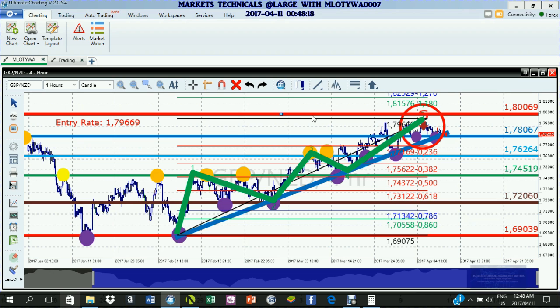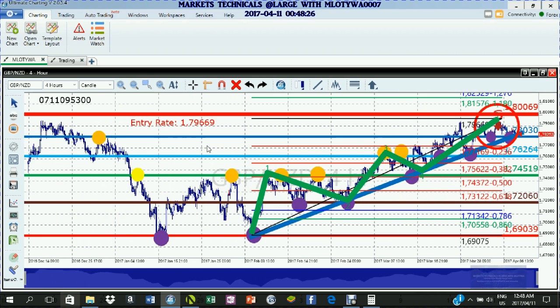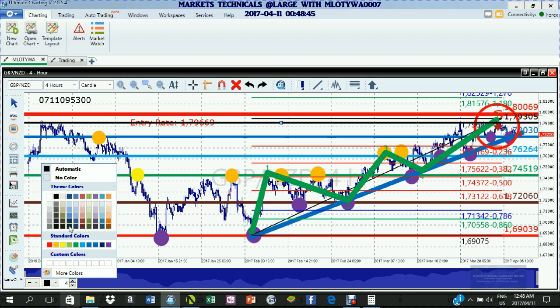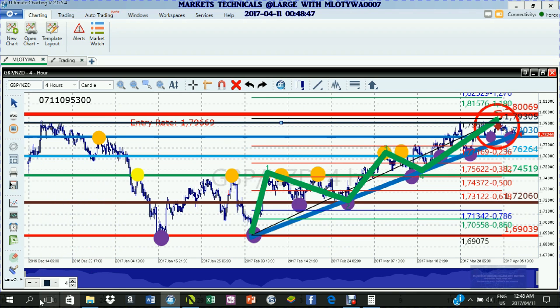Okay, so we can stop at this rate so long as it's on top of this part, guys. Okay, this is the resistance. This is where the market is resistant. So I'll place the horizontal line there so that you can see that so long as the stop loss is on top of this point, then you are safe.